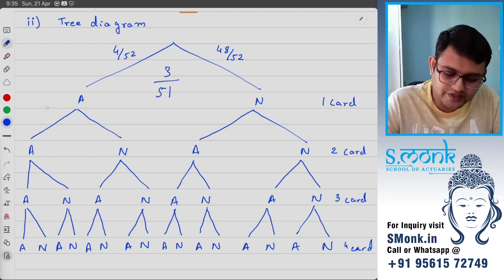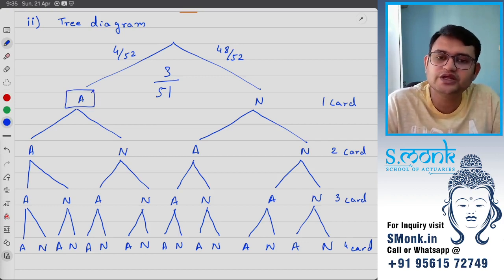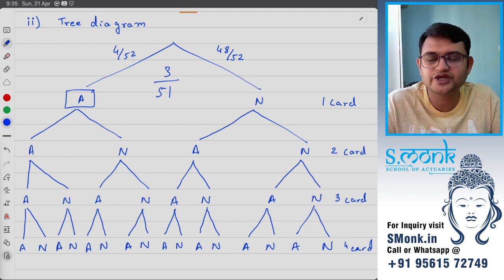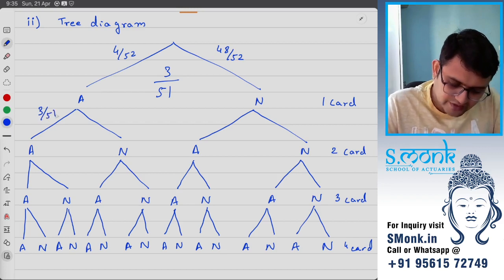Because I have already got an ace, there are only 51 cards in total and 3 aces inside it. So 3 by 51.